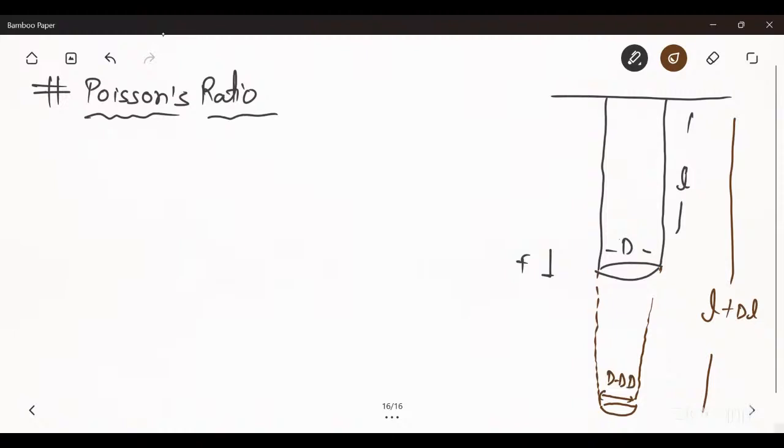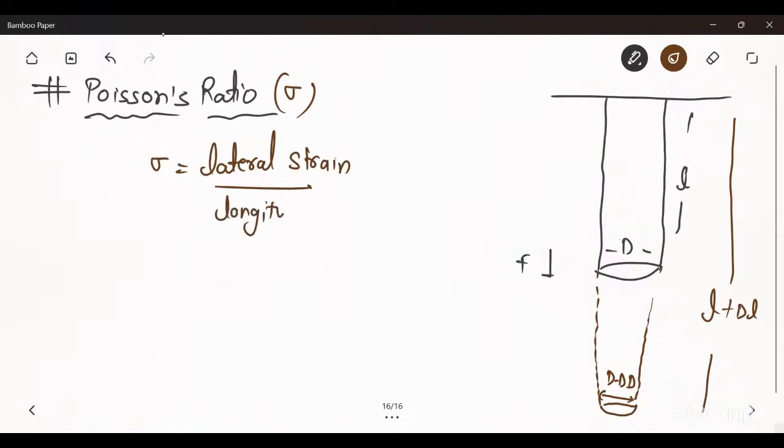So Poisson ratio is denoted by sigma, and it is defined as the ratio of lateral strain to longitudinal strain. Lateral strain is change in diameter upon original diameter, and longitudinal strain is change in length upon original length.